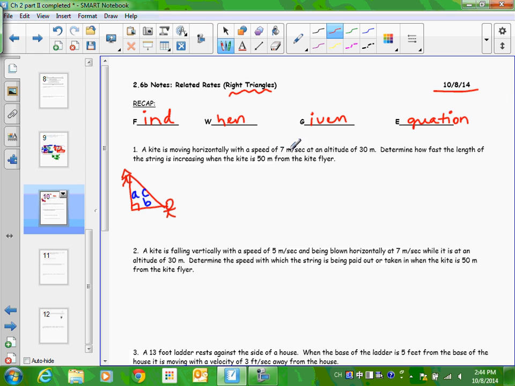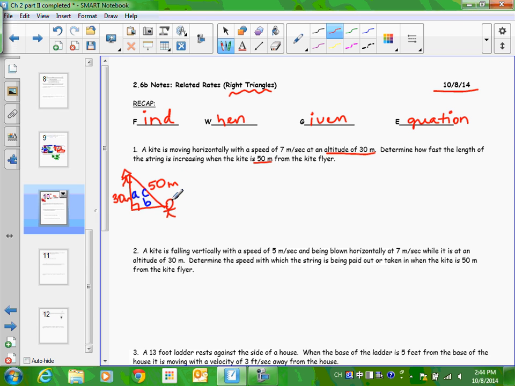So the speed, I can't really put that on the picture. But the altitude of 30, I can put right there. 30 meters. What else could I easily put on the picture? 50 meters. Which one is that? Yeah, it's the distance between the kite and the person, so 50 meters.